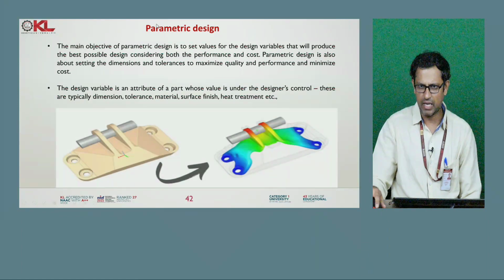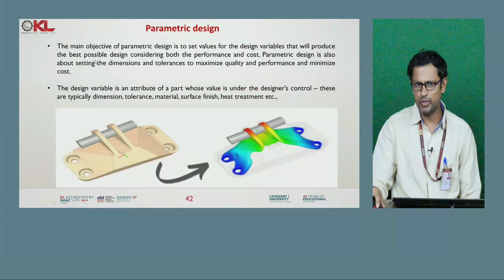Okay. In this parametric design, we will assign different values for the design variables which will produce the best possible design considerations. That means we will do the parametric analysis on the different variables such that at the end we will get the best design. So in this step also we will consider the dimensions and tolerances of the components.